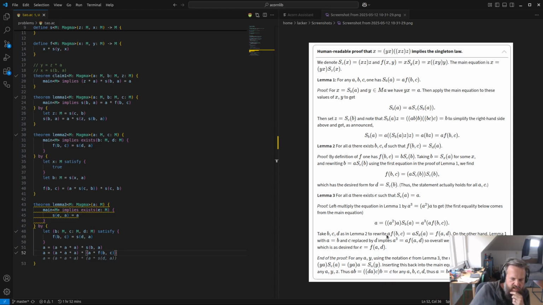All right, so the next statement we want to prove is this thing. A operation FBC equals A operation SDA. Okay, and then we want this same left-hand side to also be equal to FAD.